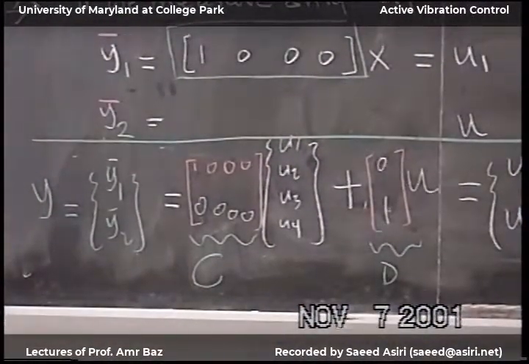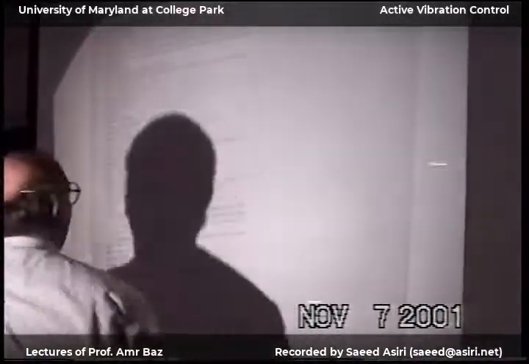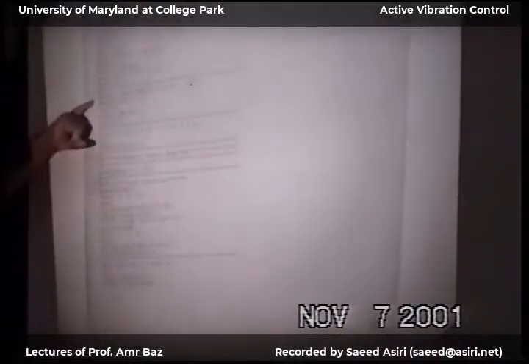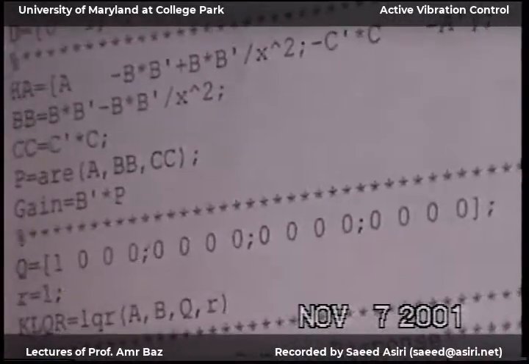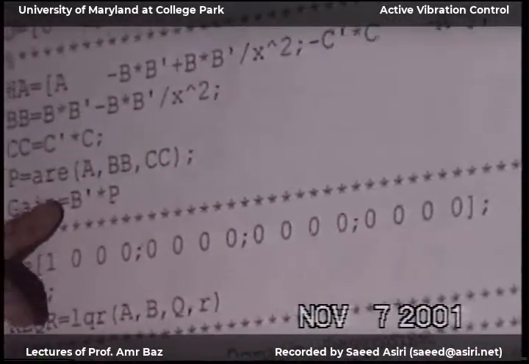Now we go and form the Hamiltonian matrix, and for the Hamiltonian matrix, I want to get its solution using the algebraic Riccati equation.